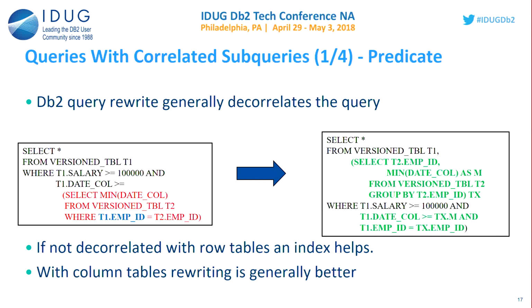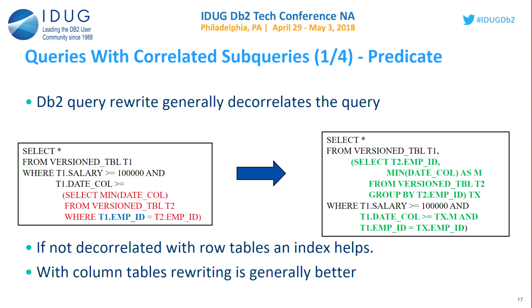There are instances which we don't decorrelate today, and the reason being that in row store, we weren't too worried about correlated columns, simply because we could always put an index and execute that subquery very efficiently, because we're just going to those rows.